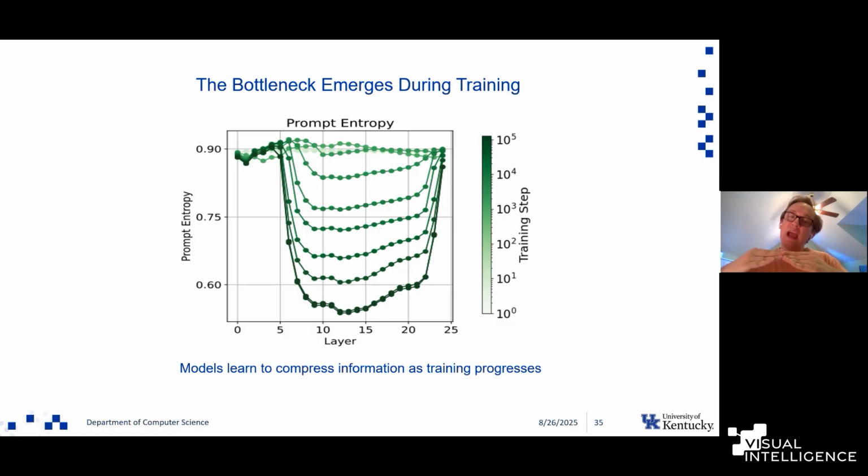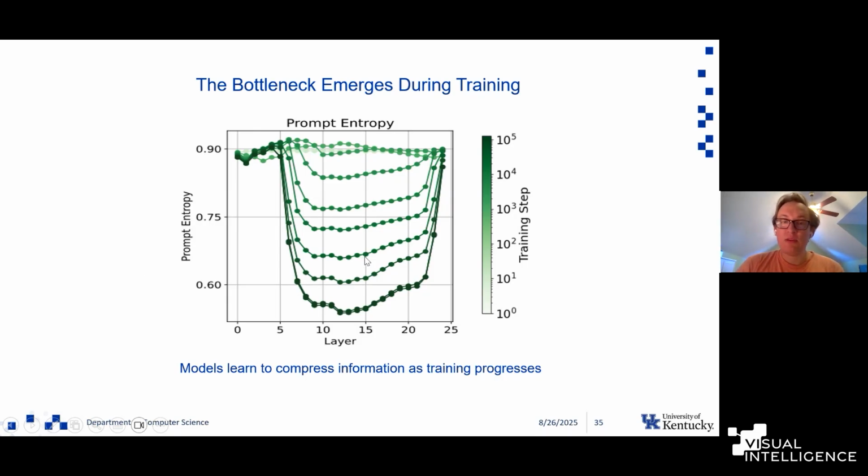And then as training happens, it slowly becomes more and more compressed in the middle. And it happens fairly quickly too. At around 10 or 20,000 steps, it's already very apparent that this compression phase is happening. And near the end of the model, around 100,000 steps or so, it gets to where it will end up and doesn't deviate much farther from that.